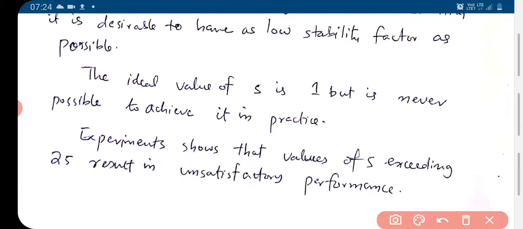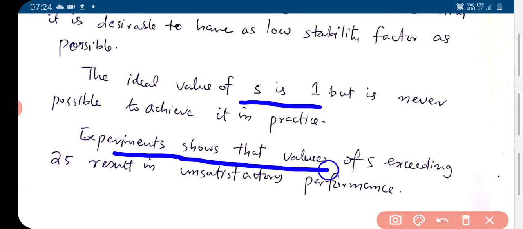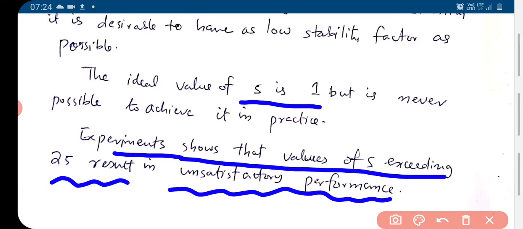The ideal value of S is 1. If S is 1, the circuit will be highly stable. But experiments show that if S exceeds 25, it results in unsatisfactory performance of the transistor circuit.